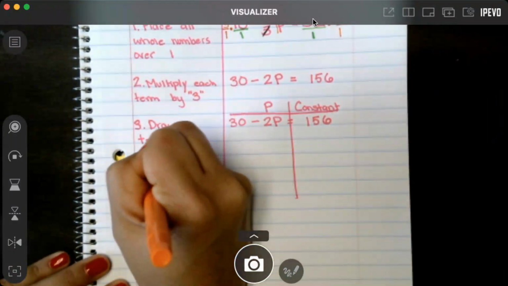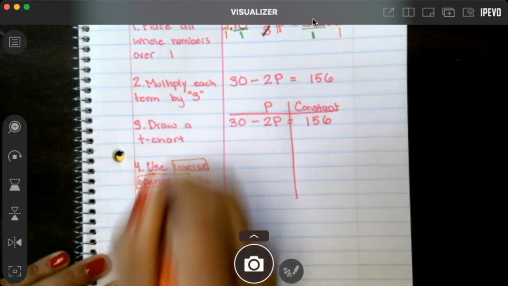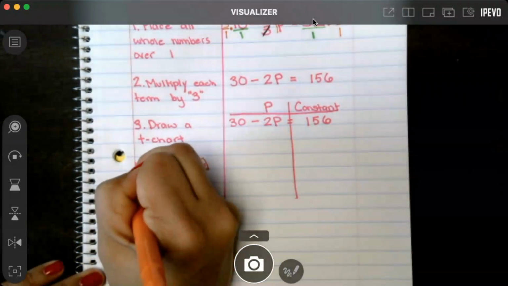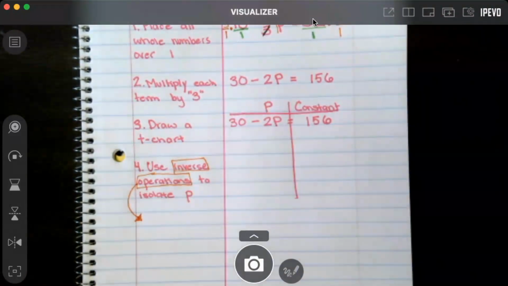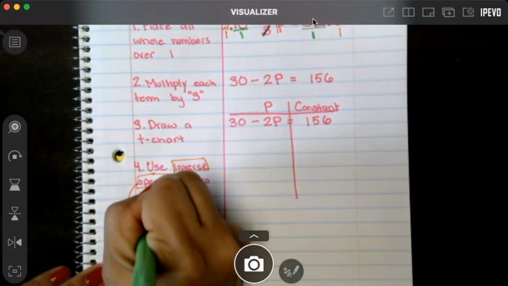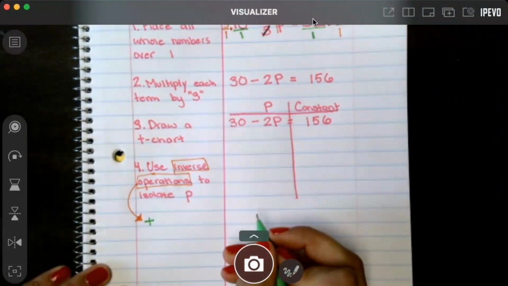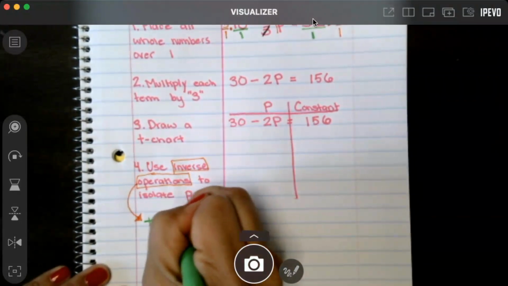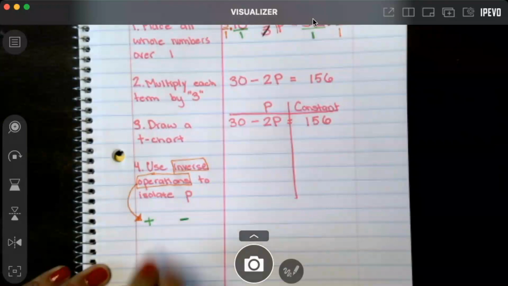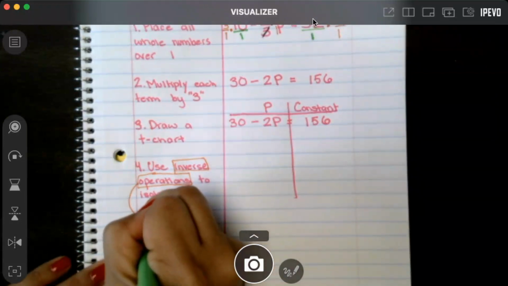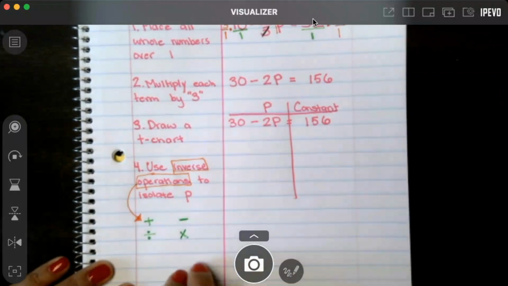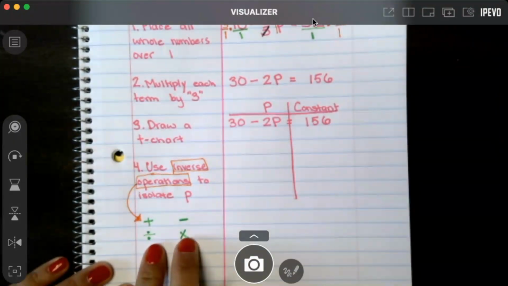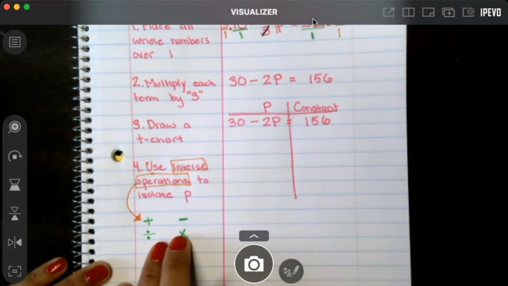Inverse operations are opposite operations. So create a little arrow that comes down here. The opposite of addition is subtraction. These are inverse operations. The opposite of division is multiplication. These are inverse operations. They undo one another, and that's helpful to know.